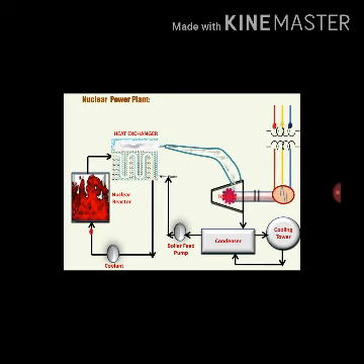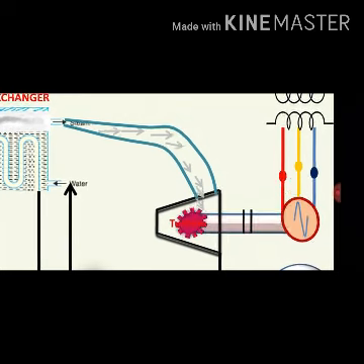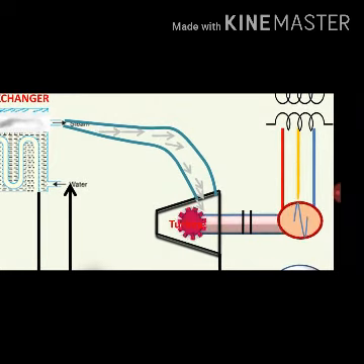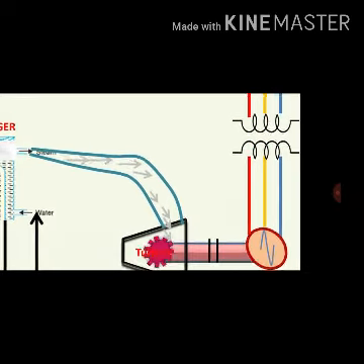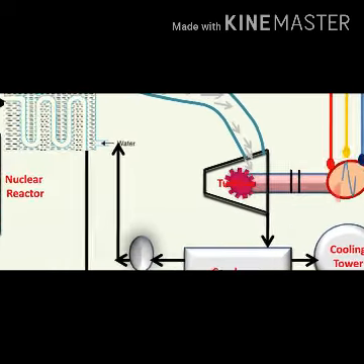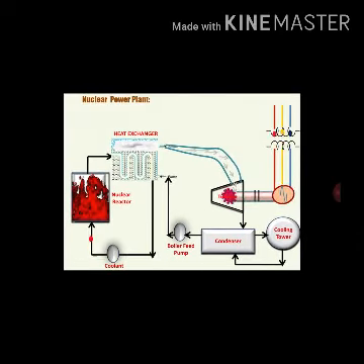So coolant transfers the heat from nuclear reactor to heat exchanger, and in the heat exchanger that heat is transferred to the water, and when the heat gets transferred to the water, temperature increases and water gets converted into steam, and then that steam is converted into high pressure steam, and that high pressure steam then rotates the steam turbine.